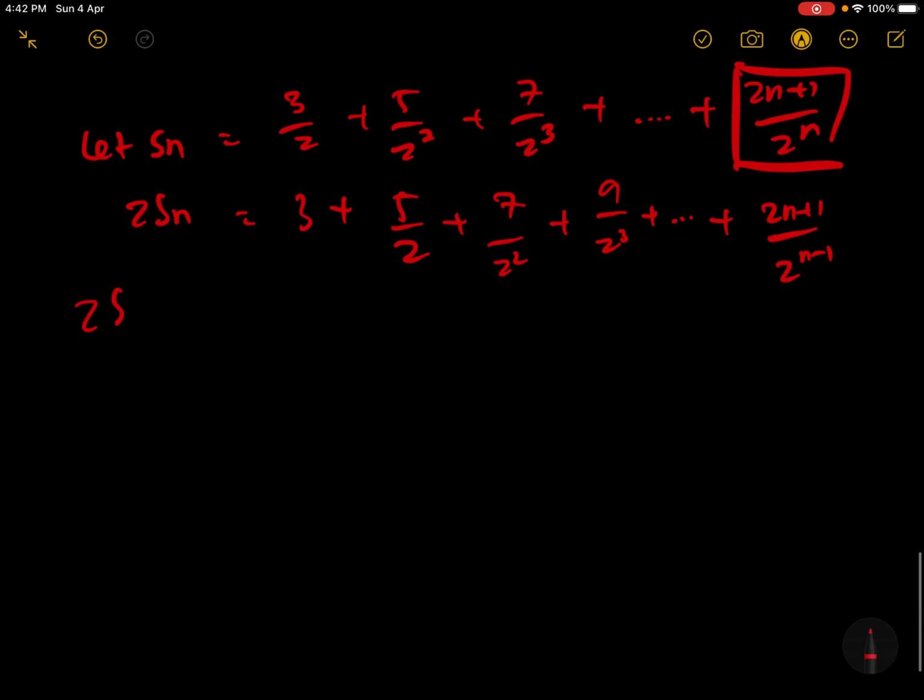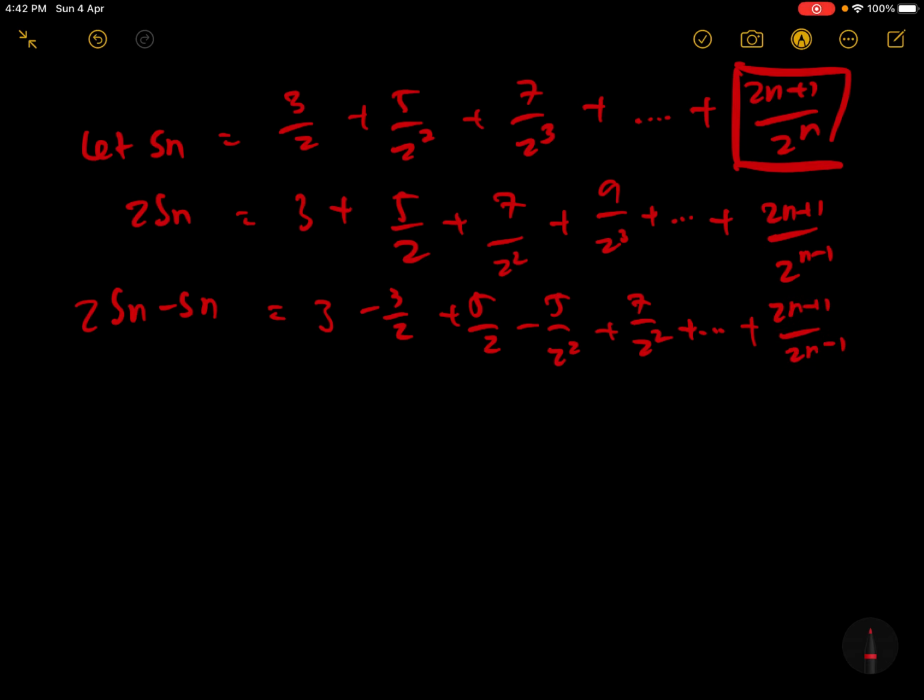So if we do 2Sn minus Sn, or 2 minus 1, then we will get 3 minus 3 over 2 plus 5 over 2 minus 5 over 2 square plus 7 over 2 square plus so on, until the last one would be (2n plus 1) over 2 power n minus 1 minus (2n plus 1) over 2 power n.